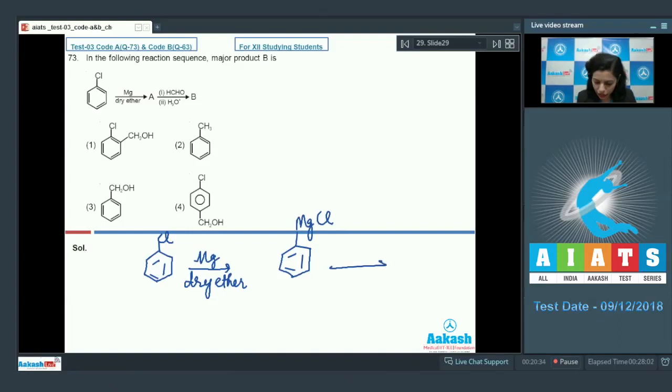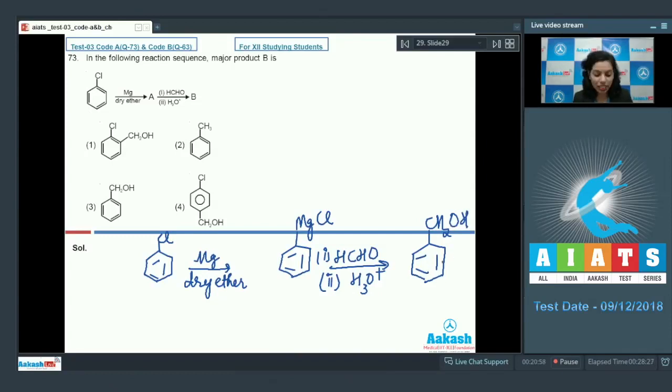Further, it is reacting with aldehyde followed by acidified water, and then benzyl alcohol will be formed. This benzyl alcohol is given in option 3. So major product B is benzyl alcohol, and the answer for this question is definitely option 3. Let's check the next question.